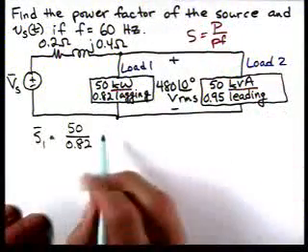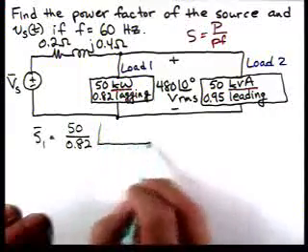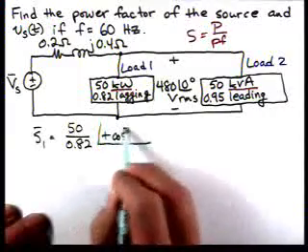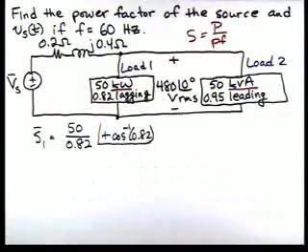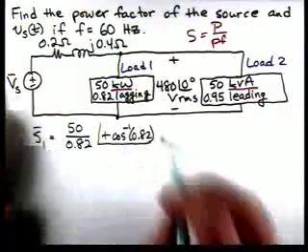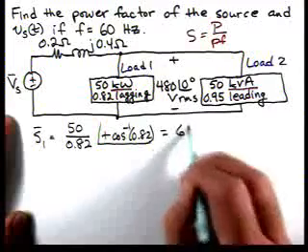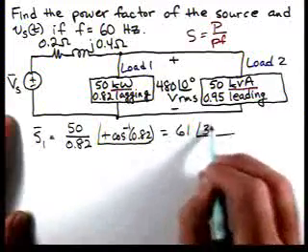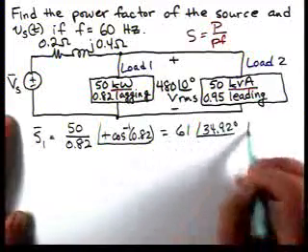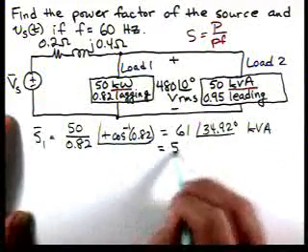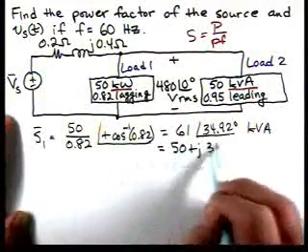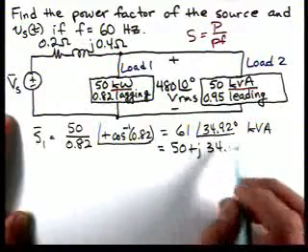So here's P divided by the power factor, at an angle of plus cosine inverse of 0.82. And the angle is positive because it's a lagging power factor. So this is 61 at an angle of 34.92, which in rectangular form is 50 plus j 34.92.